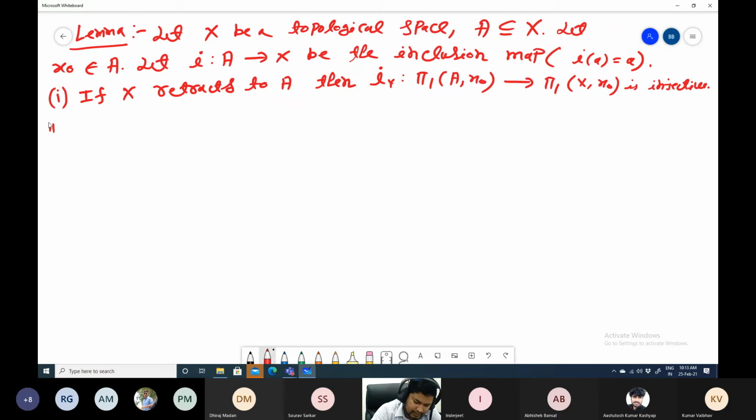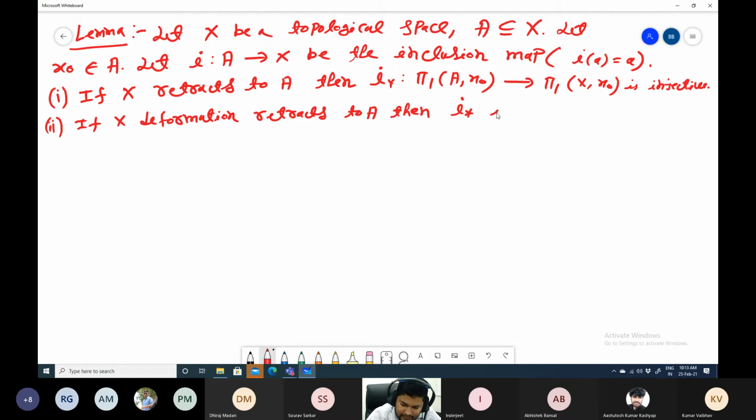And if X deformation retracts to A, then i star, the same map, is bijective.